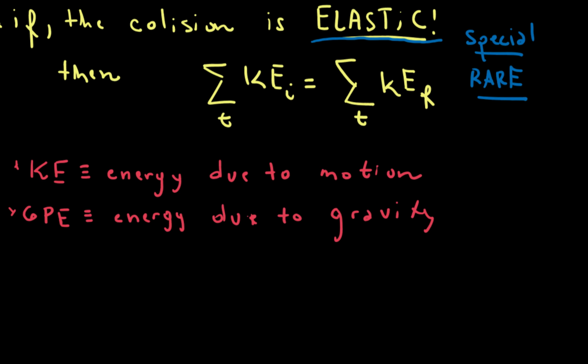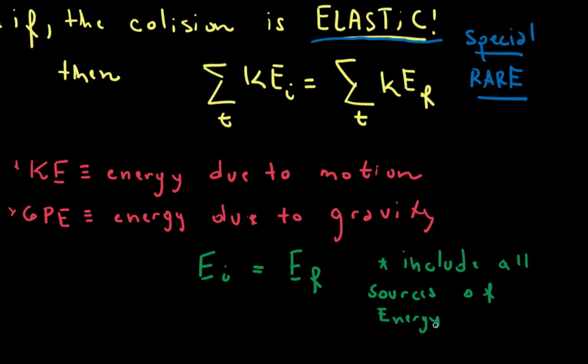We can say that this is due to the fact that energy is conserved, which means that the total energy initial needs to be equal to energy final. But for this to work, you have to include all types of energy. Sources is a bad word, I'm sorry. Let me fix that real quick.